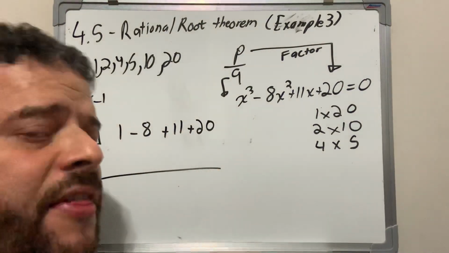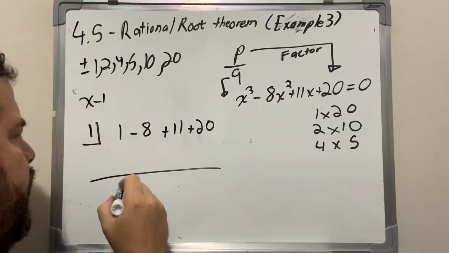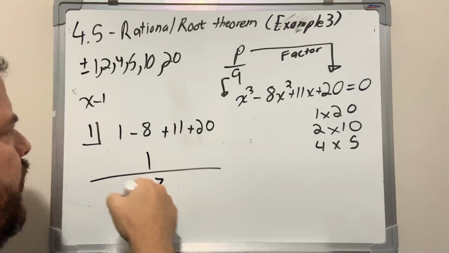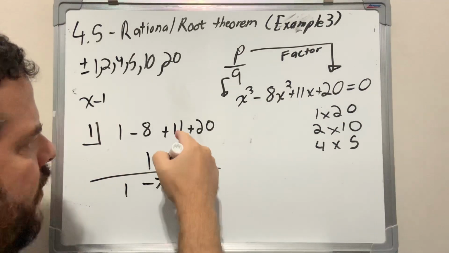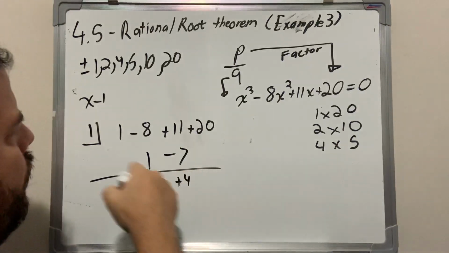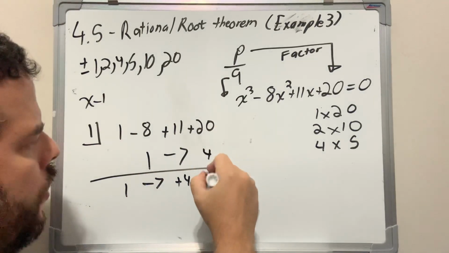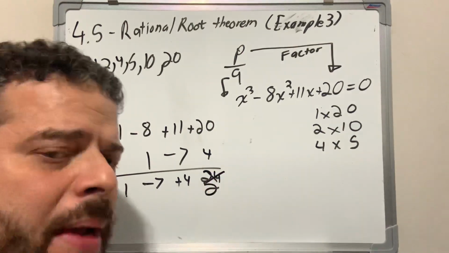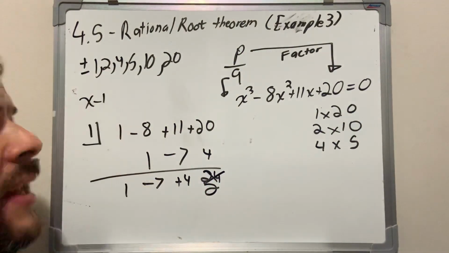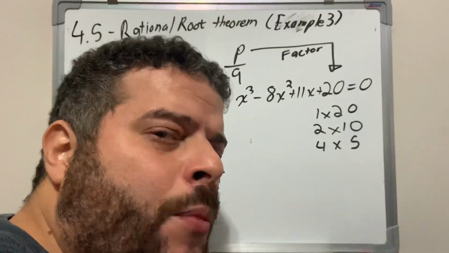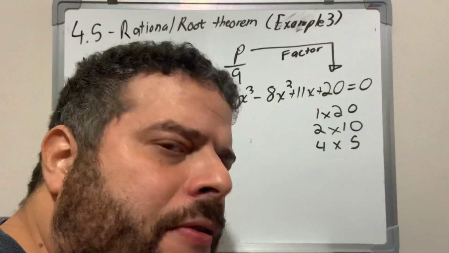And now I'm going to synthetically divide. 1 plus 0 is 1, times 1 is 1, negative 7, negative 7, positive 4, 4, 24. Since I did not get a remainder of 0, I know that x minus 1 is not a factor. I move on to the next possible factor.